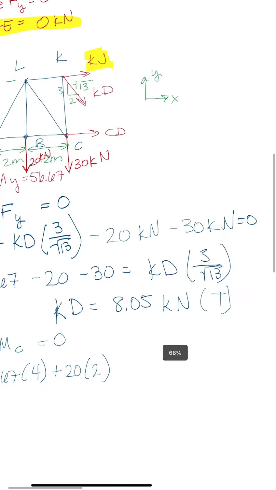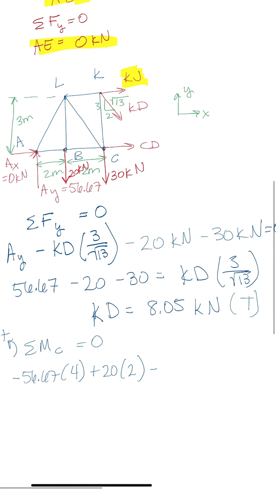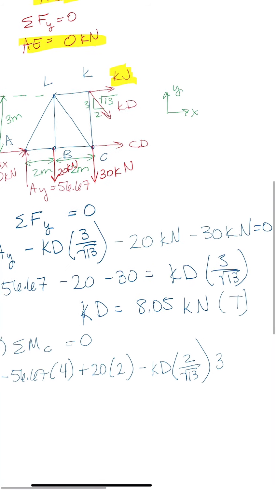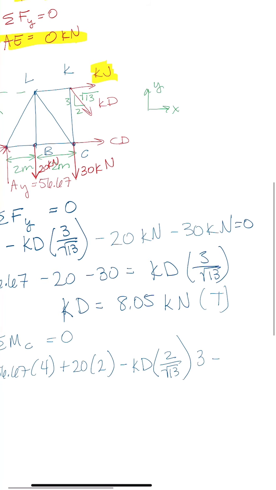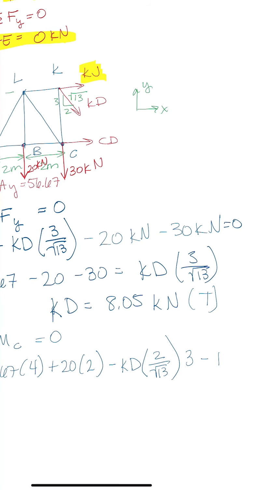So minus KD times 2 over the square root of 13. It's just that x component of KD times 3 meters. And then minus KJ times that 3 meters.